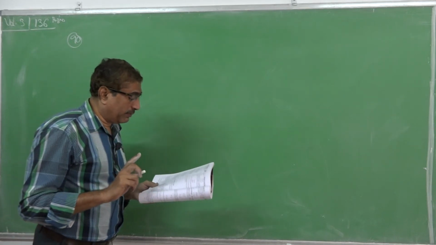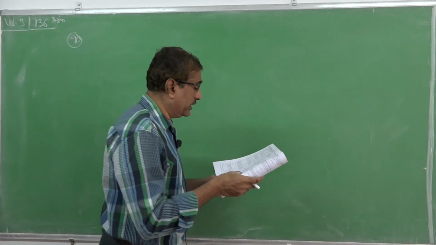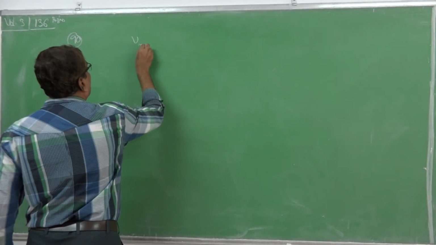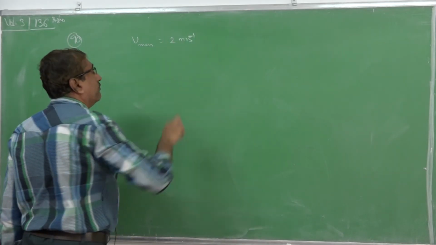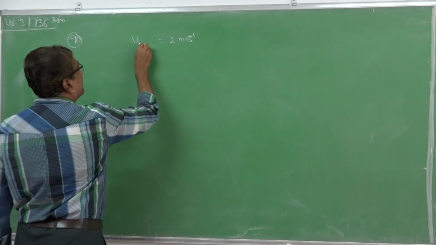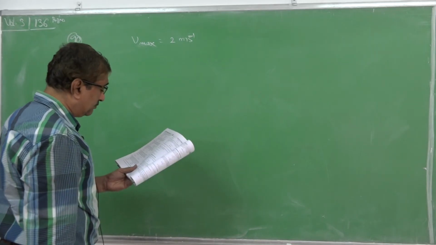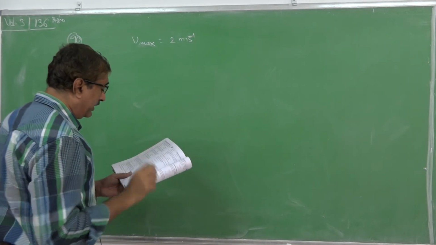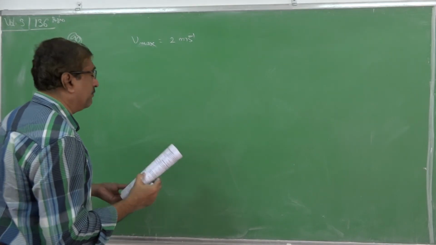That means velocity at the mean position is maximum. So, given V max equal to 2 meter per second, we have to find the velocity of the particle at a point where the displacement from the mean position is equal to half of the amplitude.